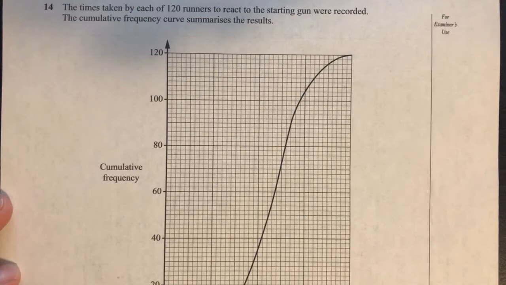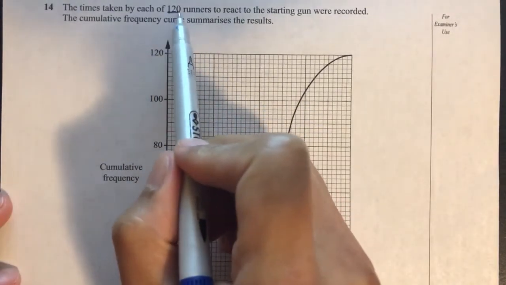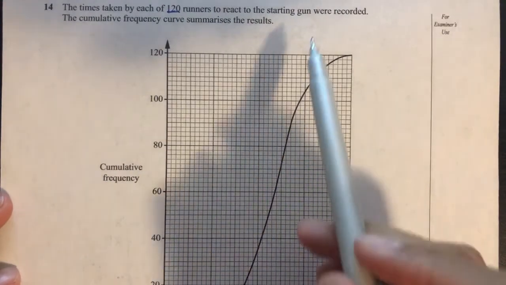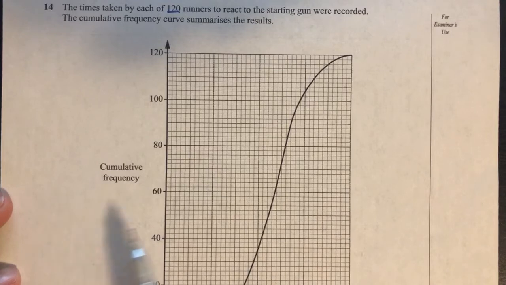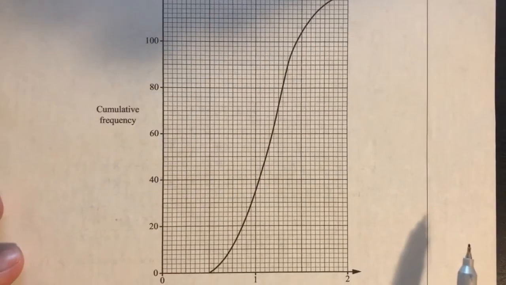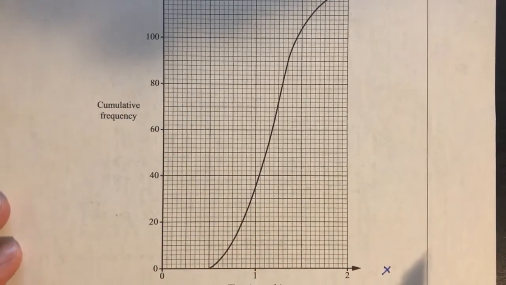Question number 14. The time taken by each of 120 runners to react to the starting gun was recorded. We have a cumulative frequency curve that summarizes the results. Okay, so we have seconds on the x-axis, and the cumulative frequency.